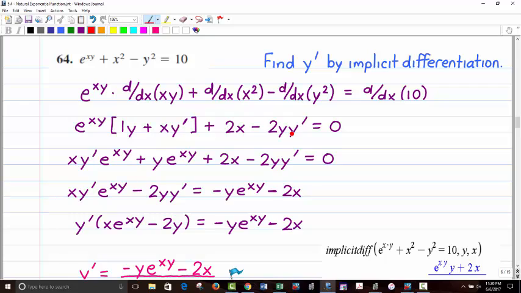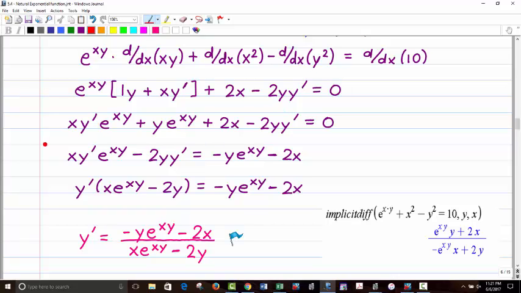So now essentially the calculus is done. The rest of this is just algebra. You need your y prime terms on one side and your non-y prime terms on the other side. First of all, I did just distribute through that bracket, parentheses, whatever you want to call it, to get this. Then we group them. I left the two y prime terms on the same side and moved the two non-y prime terms to the other side.